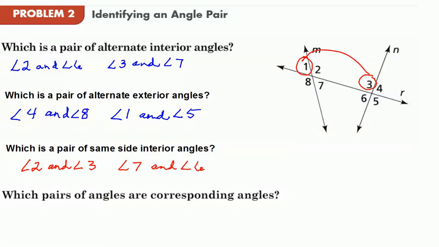It would also mean that angle 2 would land on angle 4. It would also mean that angle 5 would land on angle 7. It also means that angle 8 would land on top of angle 6. So those are my corresponding pairs of angles.